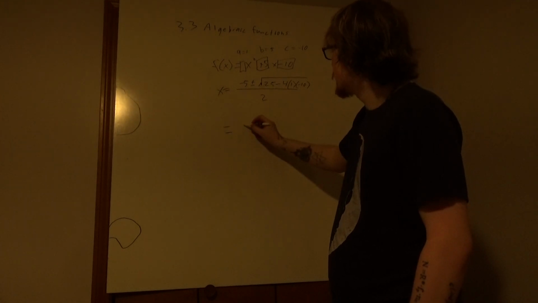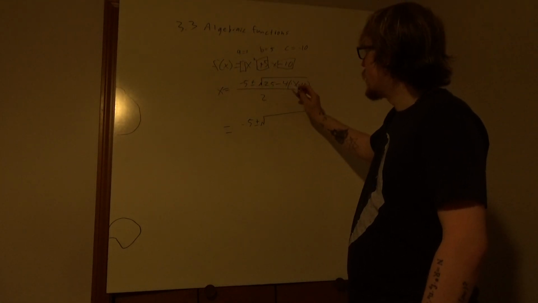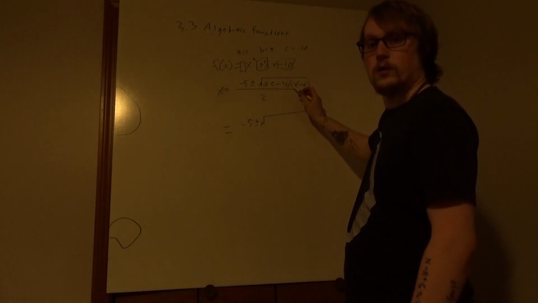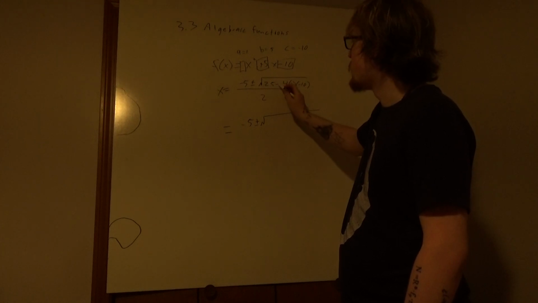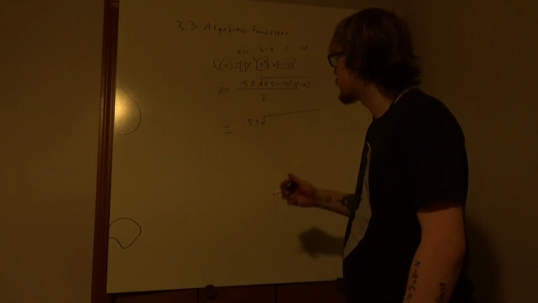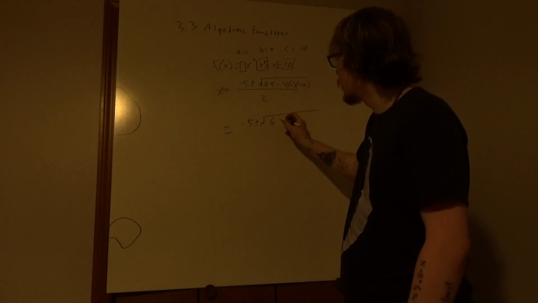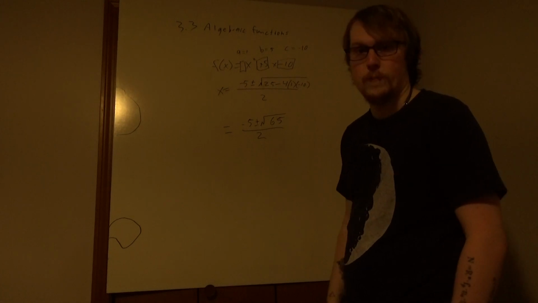We can then simplify this a little bit to say this is negative 5 plus or minus the square root of, well, we have 4 times 1, so 4 times negative 10, which is negative 40, and then we have 25 minus negative 40, so it's actually going to wind up being addition. So we have 25 plus 40, or 65, and all of this all over 2.